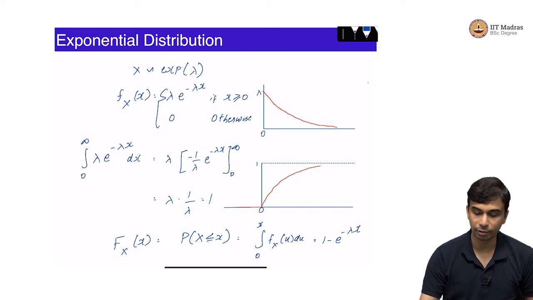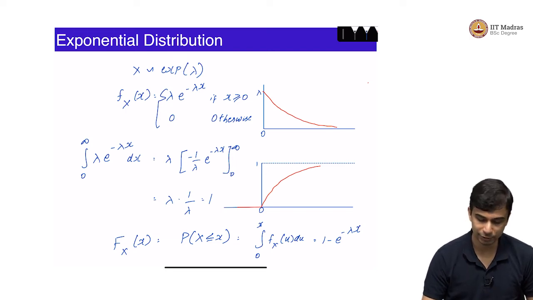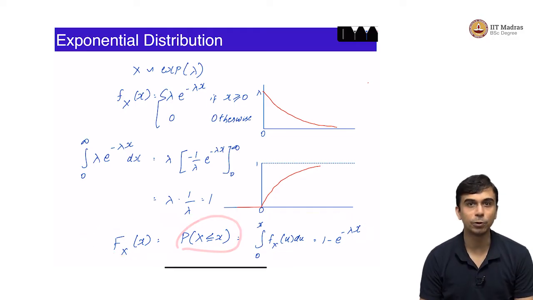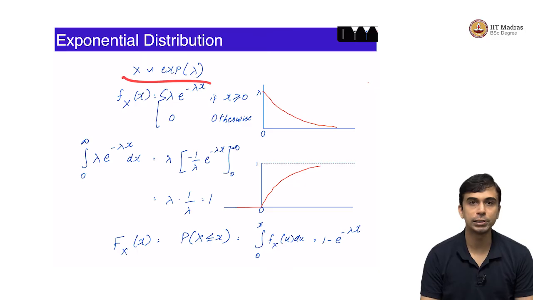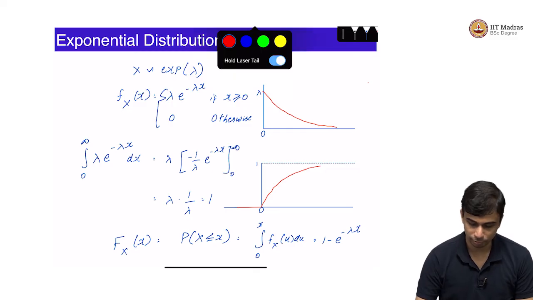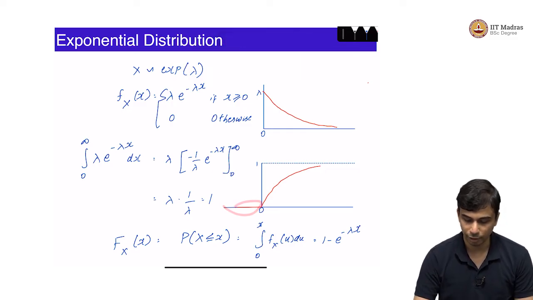This holds if x is greater than 0. If x is less than 0, this is going to be equal to 0. The probability of X less than or equal to any negative number is going to be 0 because the exponential is a positive random variable. So for negative x it is 0, and for positive x it is 1 minus e power minus lambda x.